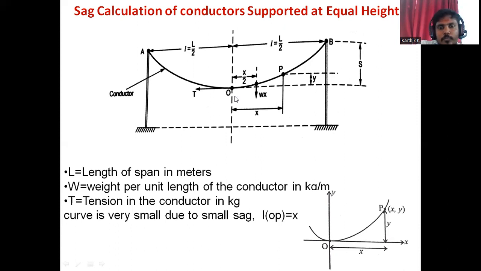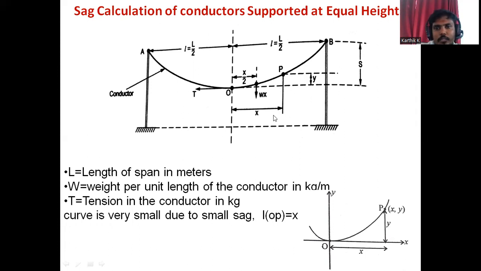From the point, we take O to B equal to X, and similarly the vertical drop is called the sag. In the horizontal position we consider X, and in the vertical we consider Y. From O to B equal to X, half equal to X by 2. Based on this we find the tension.